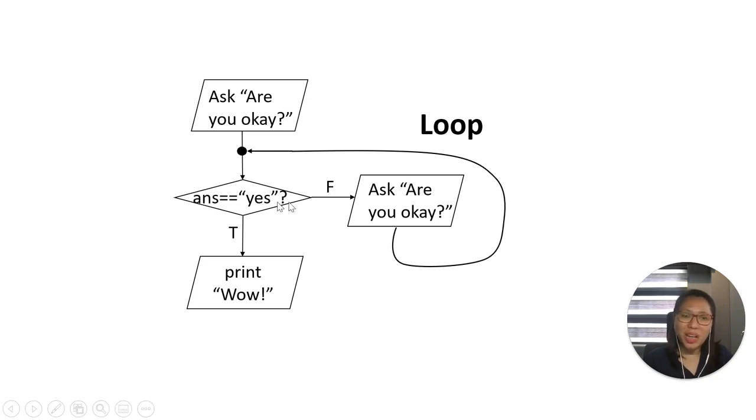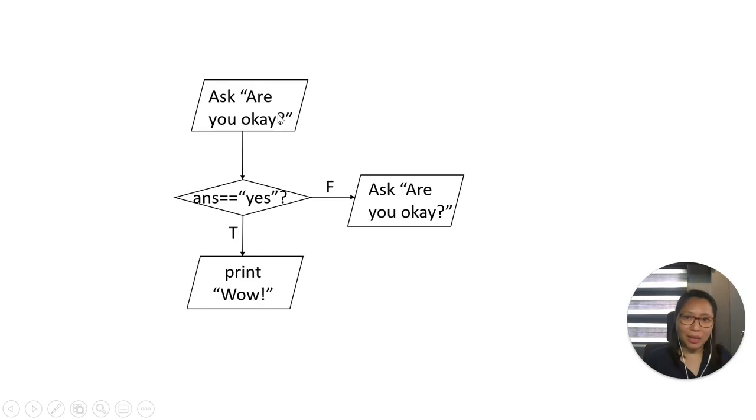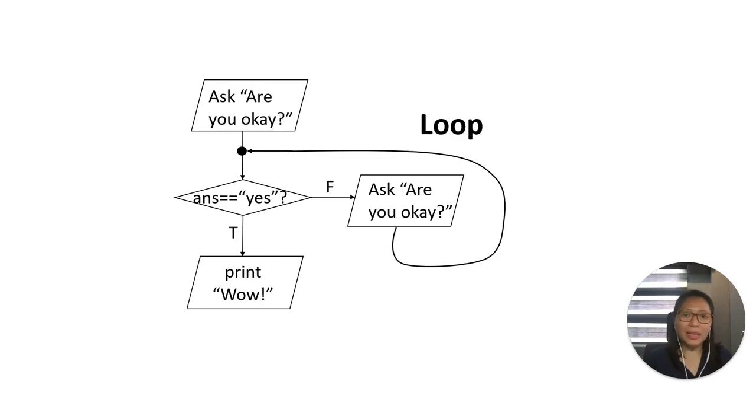When the answer is not yes, and the loop will only stop if the user answers yes. So instead of the previous one, which is tedious and also not the correct solution, this one is the simpler and correct solution.